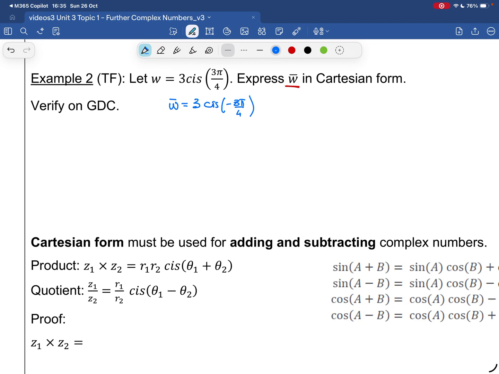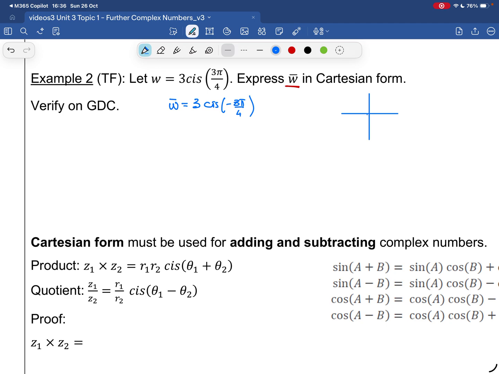So what we need to remember then is that cis stands for cos of theta plus i sine of theta. Now, it would do you well to sketch where this complex number is so that you are aware of where the angles are and whether you're dealing with positive or negative numbers.